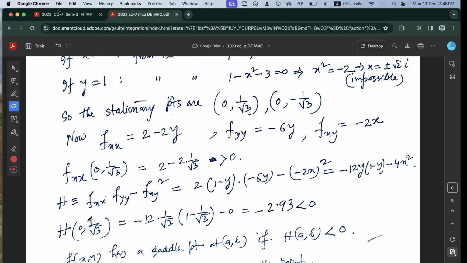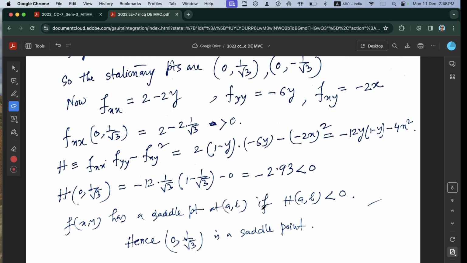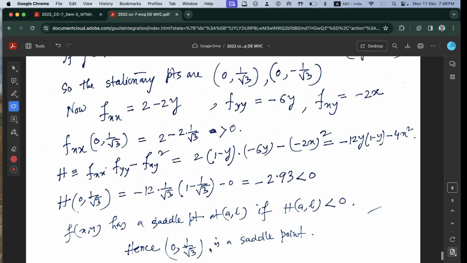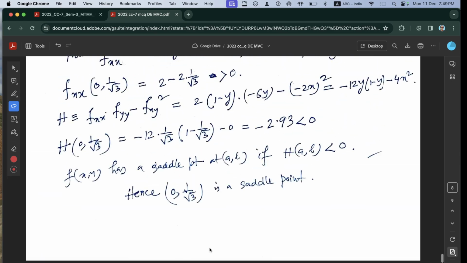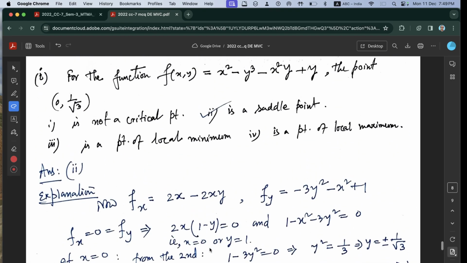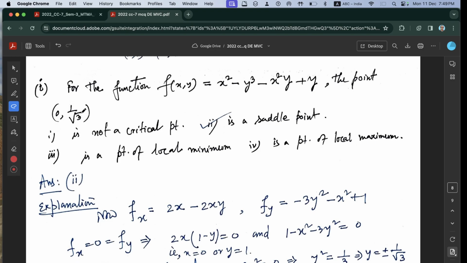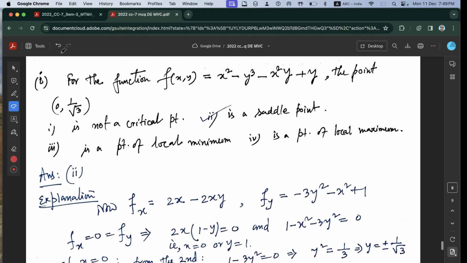Capital H at the point (0, 1/√3) is negative. f(x, y) has a saddle point at (a, b) if capital H is less than 0. So here, obviously, (0, 1/√3) is a saddle point. Correct option is 2.